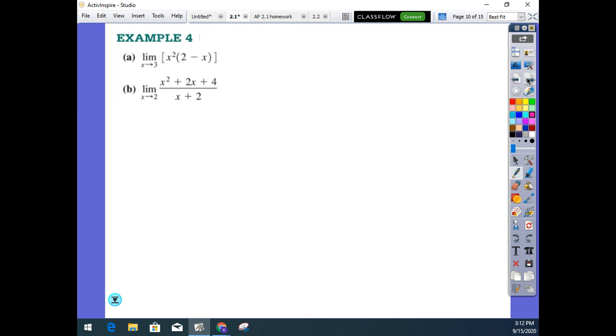Now let's look at some actual values. The very first thing you will always try with limits is plugging in the number, just straight substitution. So as x approaches 3, if we can plug that number in with no trouble, that's going to be your answer. So we're going to plug 3 in for each x. And if you don't run into any problems, then yeah, I kind of skipped theorem 2 because I don't like theorem 2.